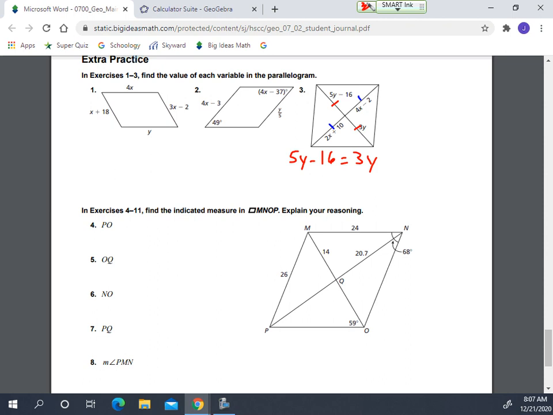Doing the math here, I get 2y is equal to 16, divided by 2, we get y is equal to 8. And then for x, I have 2x plus 10 is equal to 4x minus 2. And do this math, I get 2x is equal to 12, and x is equal to 6.